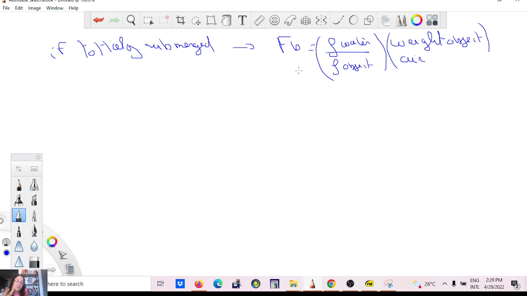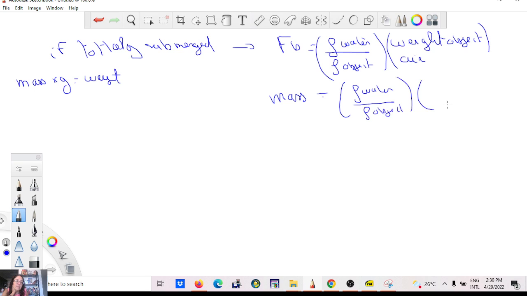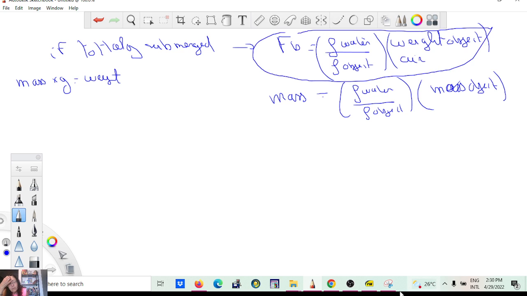Now, if you divide by g both sides, remember that the force is the mass times g, that will be a weight. So if I divide by g, it's like I have a mass here. It's going to be rho of the water divided by rho of the object, times the mass of the object. This is what you want to remember, but it only works when it's submerged.